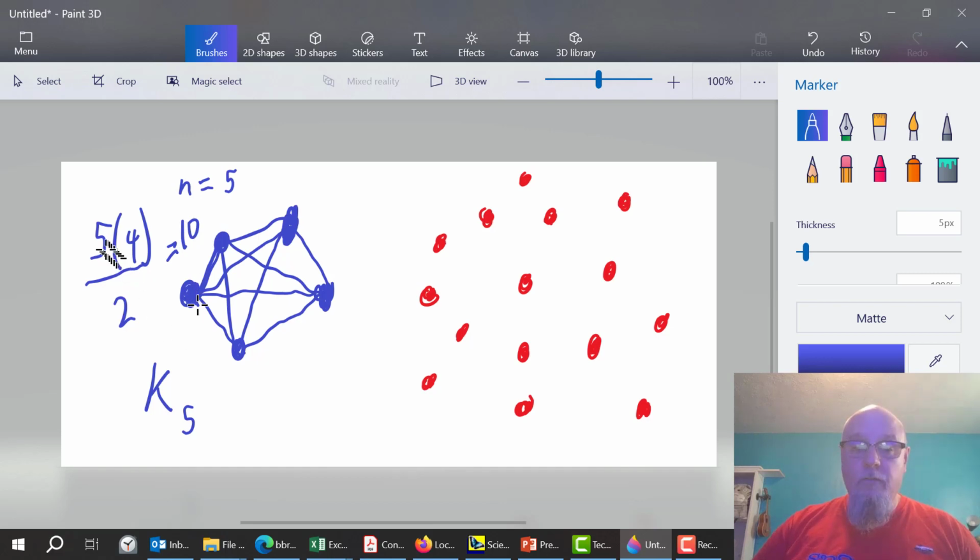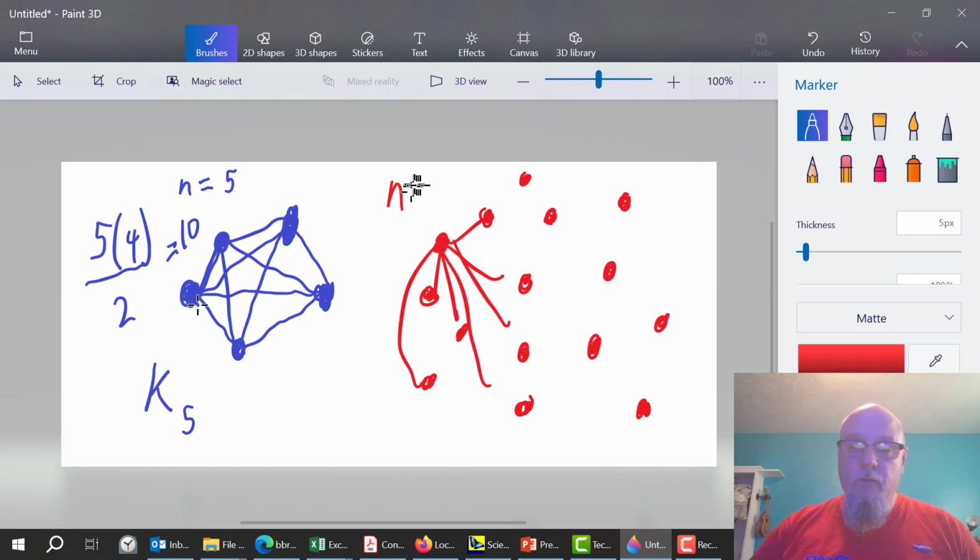So the formula was the number of nodes, n, times n minus 1 divided by 2, because we're double counting. Let's look over here in the red. I don't know how many nodes there are there. I'm not going to count them. There's n. Out of each one of these nodes, I have to connect this node with all the other nodes.